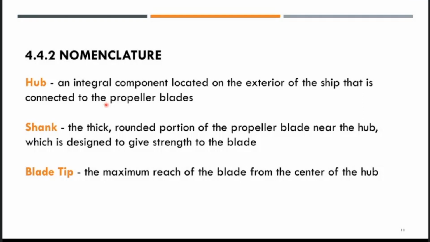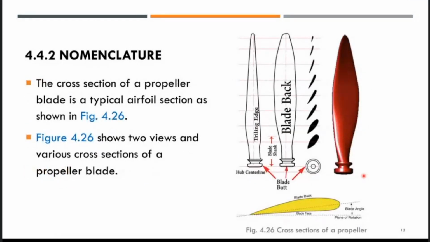It is one piece, and the wood is carved in such a way as to have only one component. Then we have the shank, the thick rounded portion of the propeller blade near the hub, which is designed to give strength to the blade, right? And then the blade tip, of course, the maximum reach of the blade from the center of the hub.